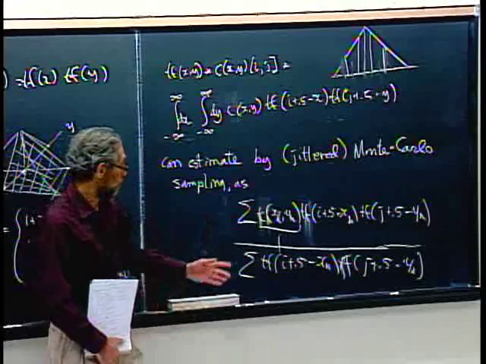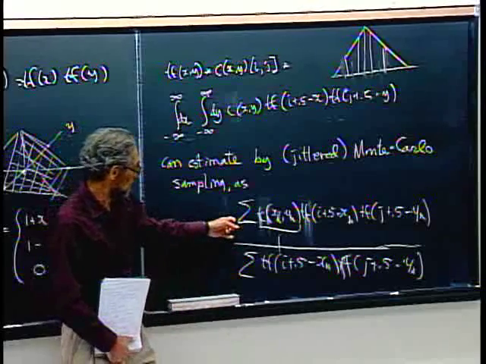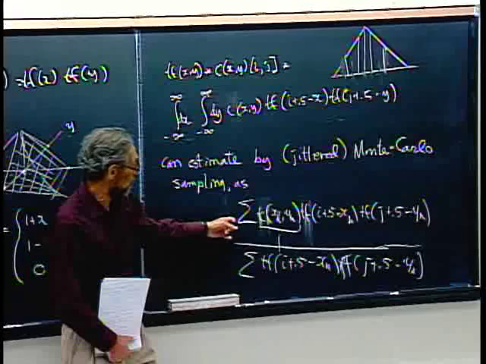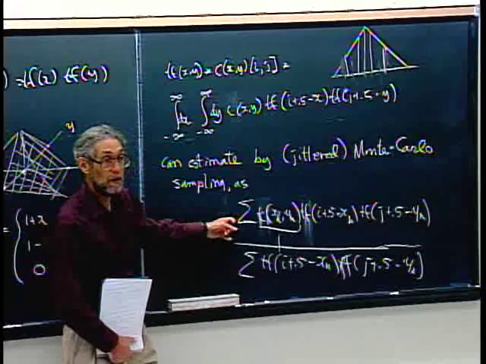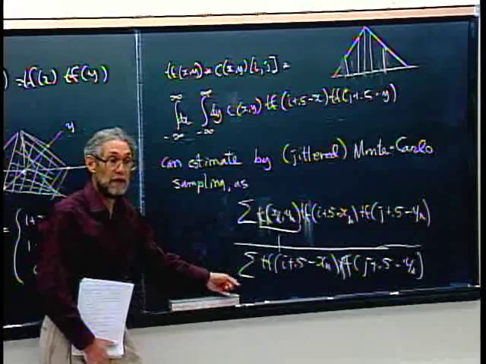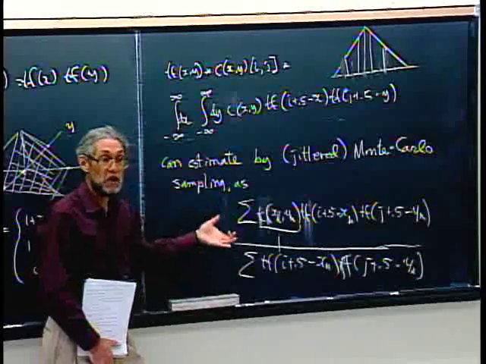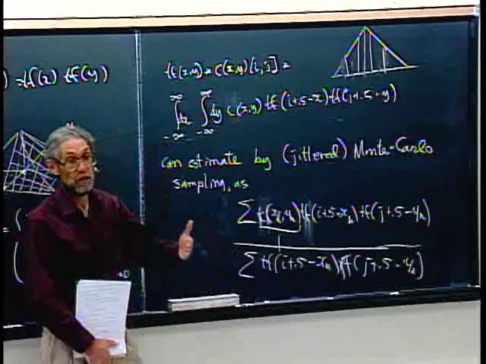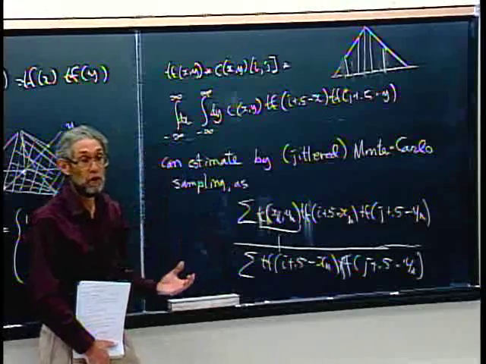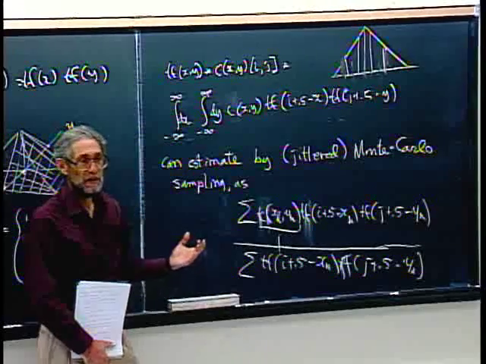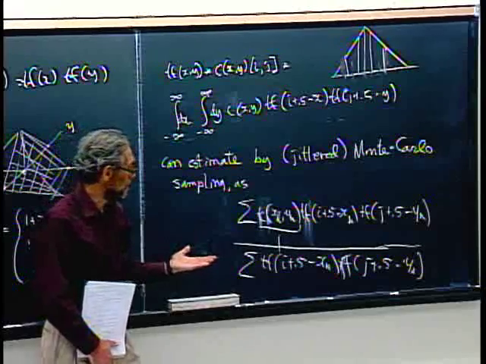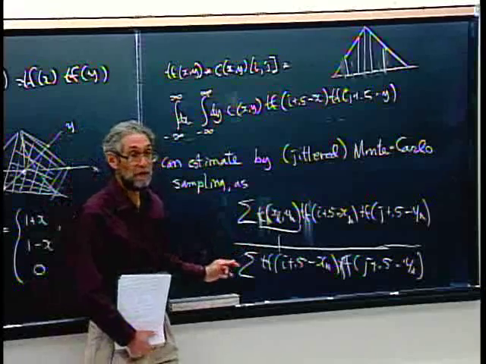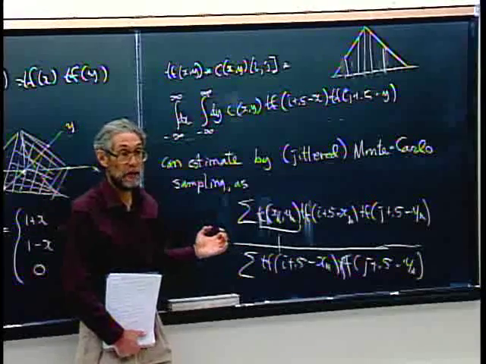But because this expected value of the numerator is the true color, and the expected value of the denominator is 1, if you take enough of these samples, you're still going to converge to the right answer, even though you've sort of, how can I say it? This might not be an unbiased estimate if you take a small number of samples.